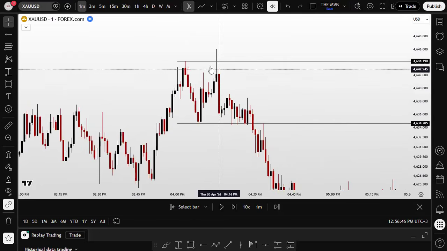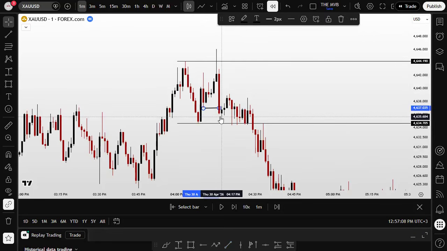And look at what happened. The market went up, failed to break by body, and then after failing to break by body, do you remember what I told you? I said when you see this, you just wait for the market to shift inside. So look at that. That was the shift, and the way it shifted, this is with a sudden break.